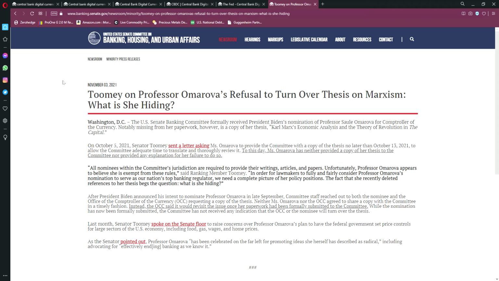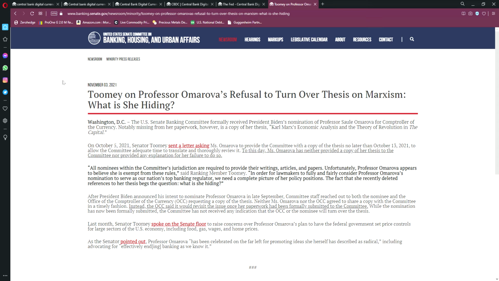Notably missing from her paperwork, however, is a copy of her thesis, Karl Marx's Economic Analysis and the Theory of Revolution in the Capital. On October 5th, 2021, Senator Toomey sent a letter asking Ms. Omarova to provide the committee with a copy of the thesis no later than October 13th, 2021, to allow the committee adequate time to translate and thoroughly review it.